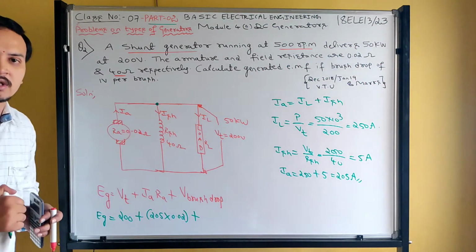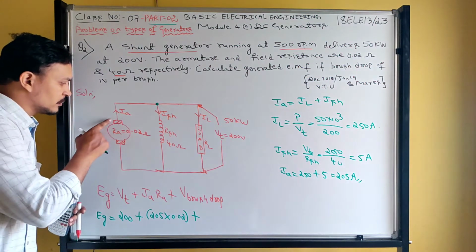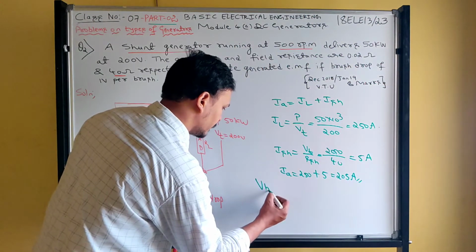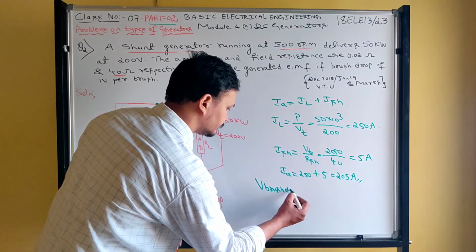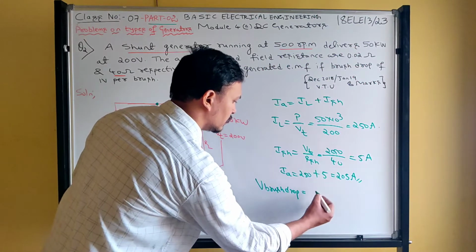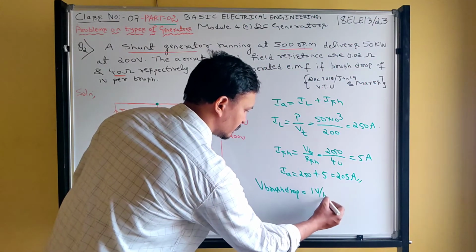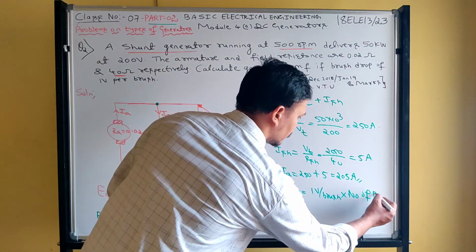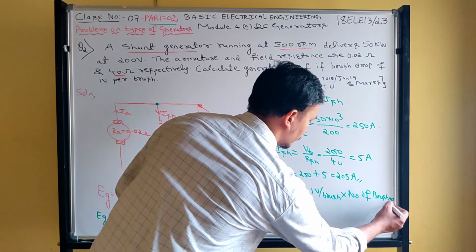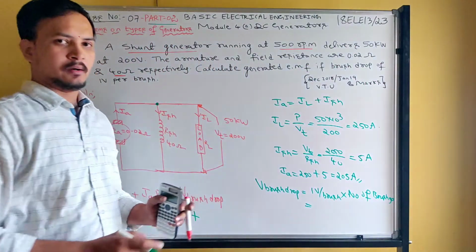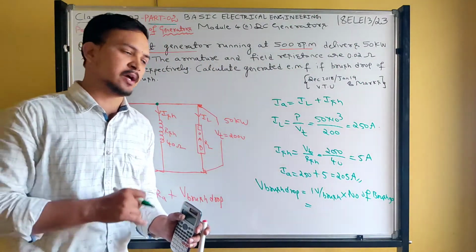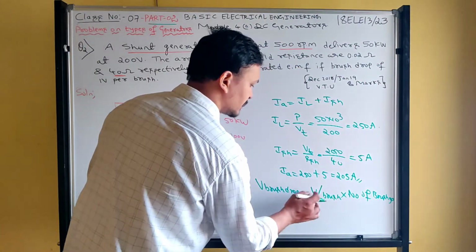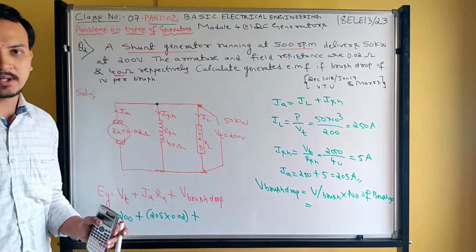Then how many brushes will there be? The minimum number of brushes will be two: this is one brush, this is another brush. So the total brush drop, V brush drop, is equal to voltage per brush into number of brushes.